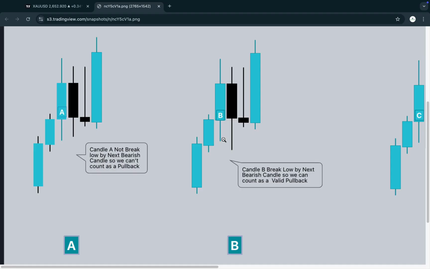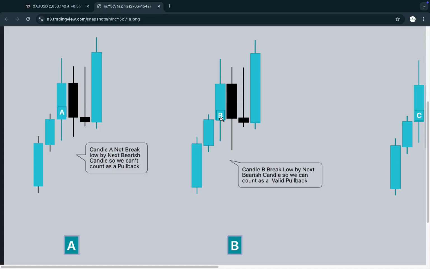It means if the market breaks the previous candle high or low, we can count it as a valid pullback. It depends on trend direction. If the trend is bullish, the market must break the previous candle low. The same thing is applicable in a bearish market: if momentum is bearish and the market breaks the previous candle high, we can count it as a valid pullback. So of these 2 diagrams, the first one shows an invalid pullback and the second shows a valid pullback.